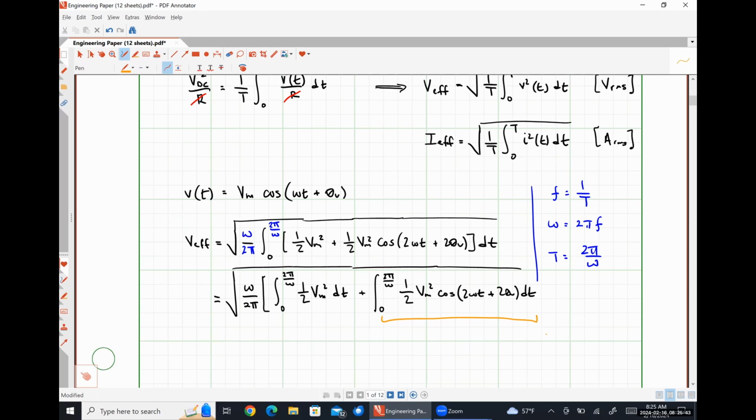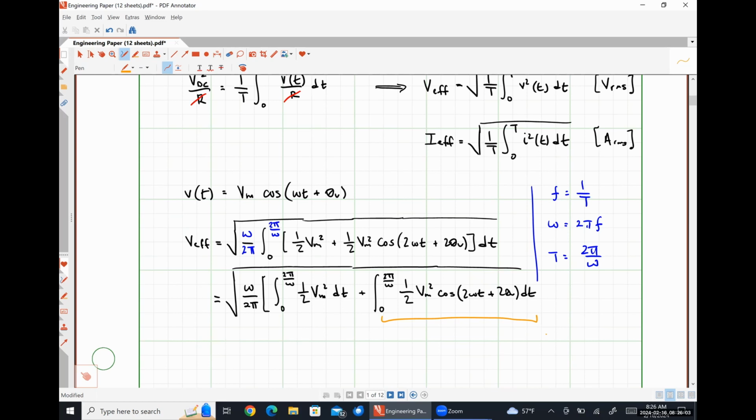And I say it's over exactly 2 cycles because our period is defined for an angular frequency of omega, but this AC bit right here is oscillating at twice omega. So it's oscillating twice as fast, which means we're integrating over exactly 2 periods.